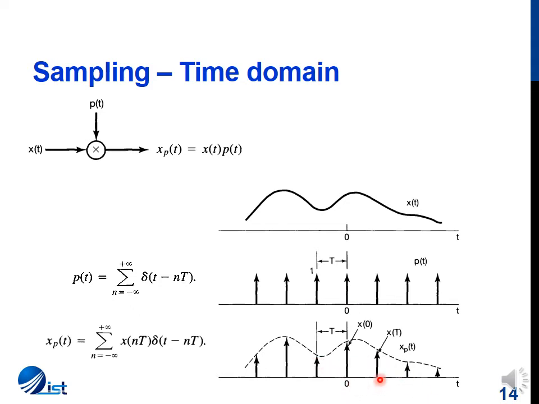Each of the samples is separated by this interval T. It is seen that after sampling, the amplitude of this impulse train is modified such that the envelope, or the periphery, of the amplitude is giving us information about the input signal x of t. This sampled signal is the same signal as was shown in the last slide. So the sampling process is, in the time domain, a product of the input signal with an impulse train. What happens in the frequency domain, we'll see on the next slide.